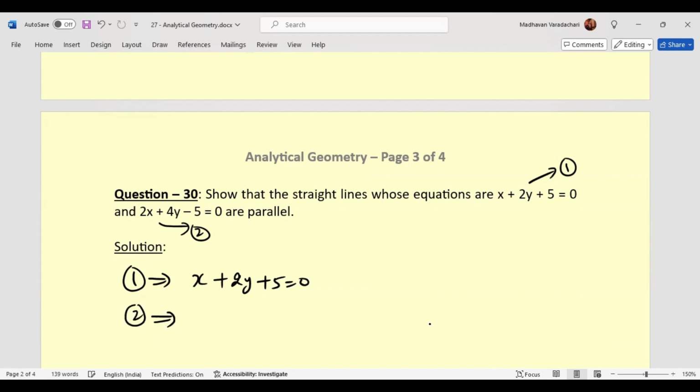Equation 2 can be rewritten as dividing both sides by 2, we will have x plus 4 by 2 becomes 2y minus 5 by 2 equal to 0 by 2 is 0.